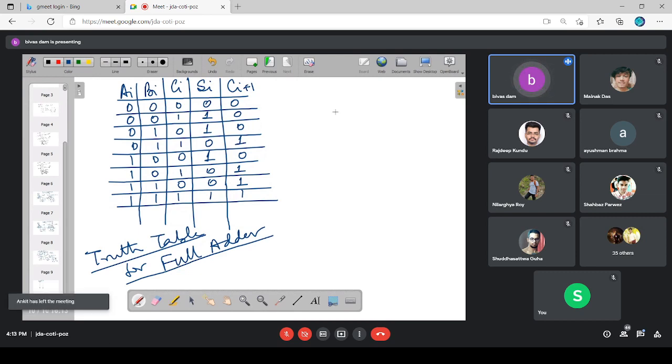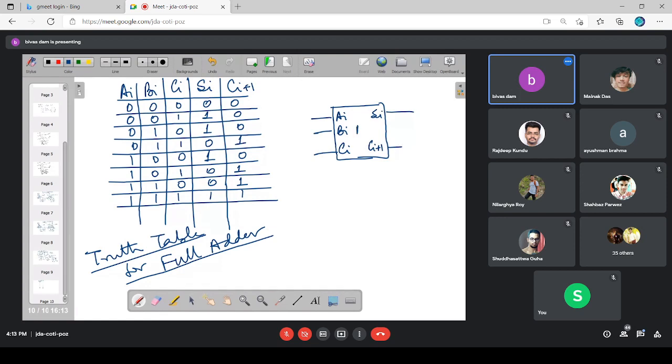So in the full adder, there should be 3 inputs. This is a block diagram basically.